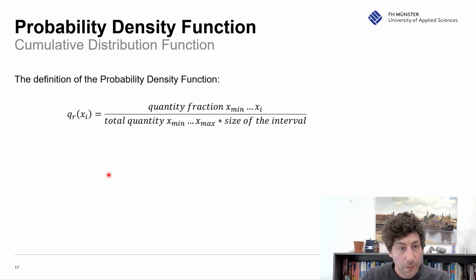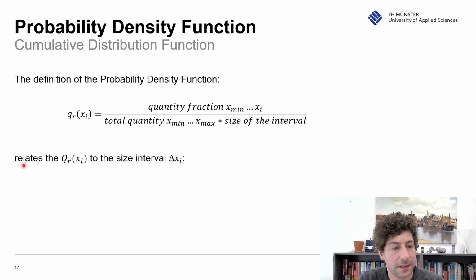There is a relation between the probability density function and the cumulative distribution function. If we look at the definition of the probability density function, it is quantity fraction divided by total quantity times the size of the interval, and the size of the interval is delta x, where x is the size. So the small q is the large Q divided by delta x, and this is what you see here.